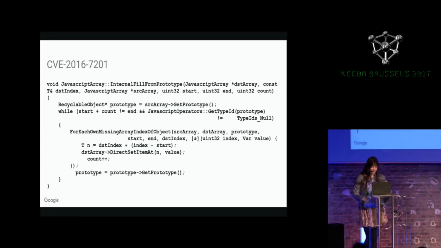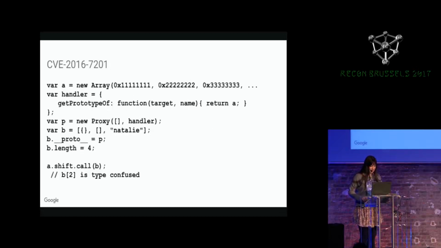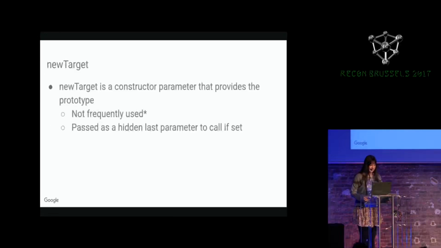And at the bottom you can see it gets the prototype, and it made the assumption that the prototype is of a certain type, that it is a var array, because normally when you set the prototype of an array, it makes sure that it's a var array, but in this case, that violates that assumption, and it's once again type confusion due to this direct set item at, which only works on certain array types, which is not guaranteed to be the case. And this is the code here, just to show how this works. You create the proxy with the handler, and it has the prototype intercepted at the top.